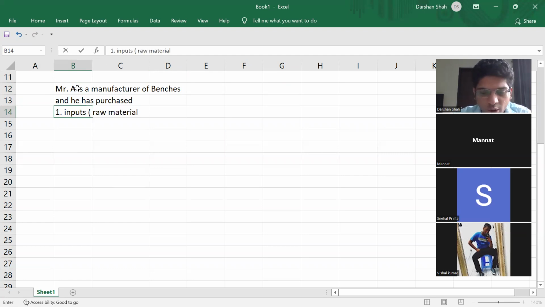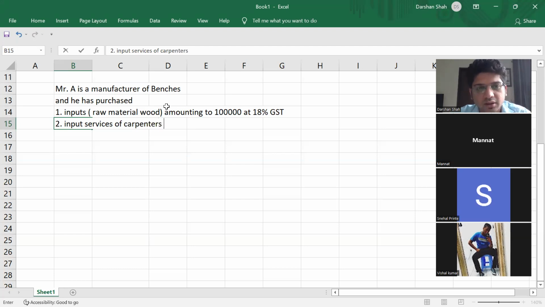For benches, the raw material is wood, correct? Raw material amounting to 1 lakh at 18% GST. Number two, he has also purchased input services of carpenters amounting to 50,000 at, let us say, 14% GST. I am taking random GST rates.